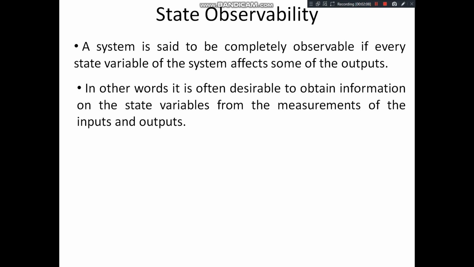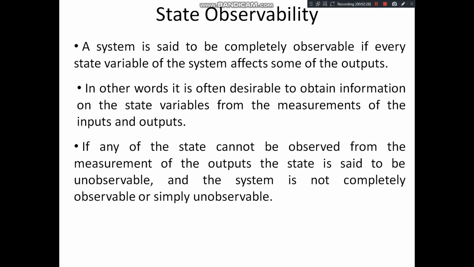The state variables basically represent the parameters of the system, how they behave for a particular input, and these behaviors can be observed within the system itself, and we can check the output because of these variations in the state variables. If any of the states cannot be observed from the measurement of the output, the state is said to be unobservable, and the system is not completely observable, or simply unobservable.